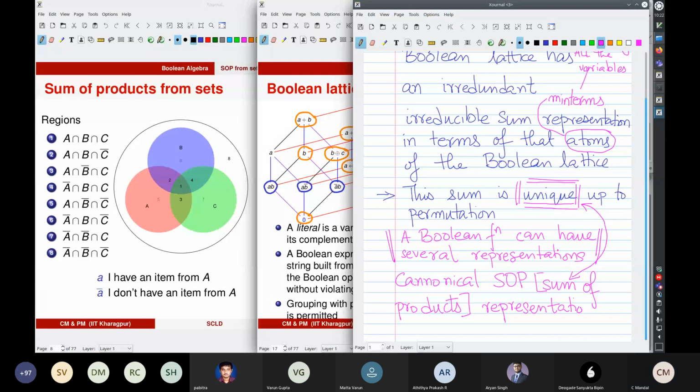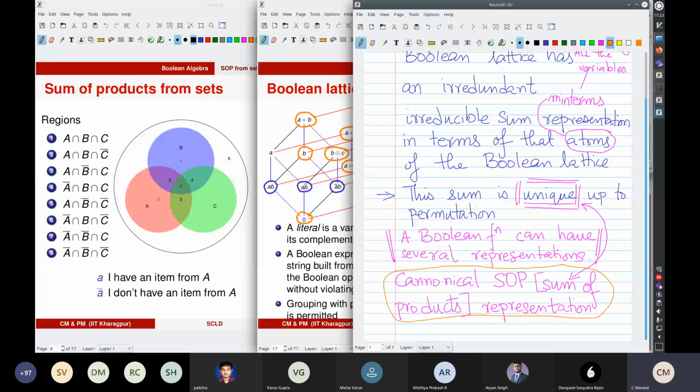Alright. So do you get this? This is a very important point to note. This is called a canonical sum of product representation. Yeah, so is this clear to you, all of you? Yes, sir.